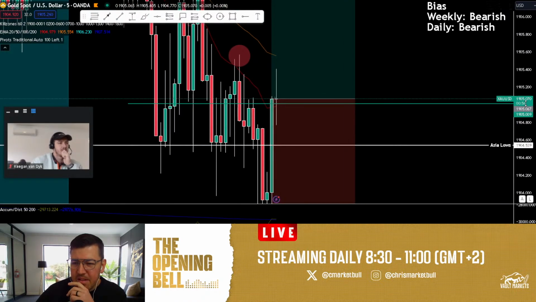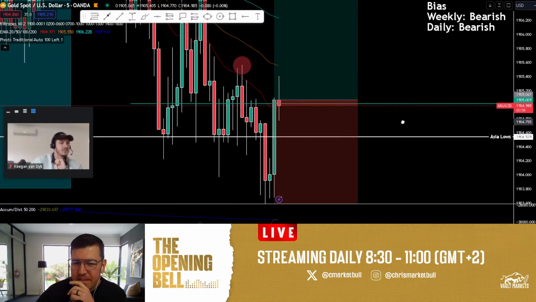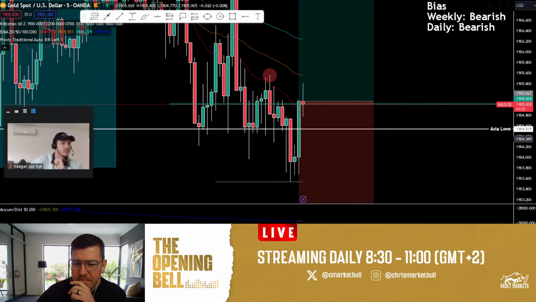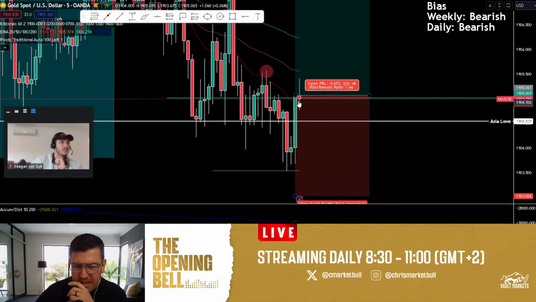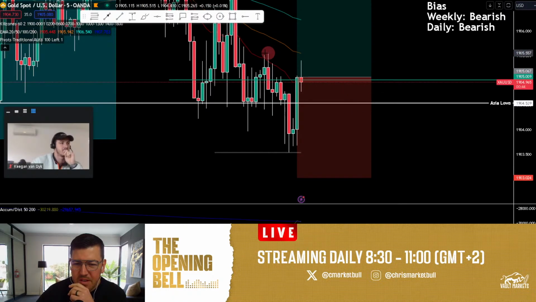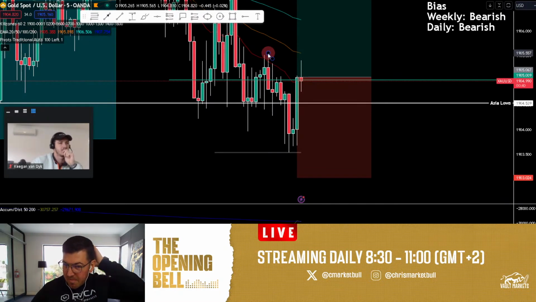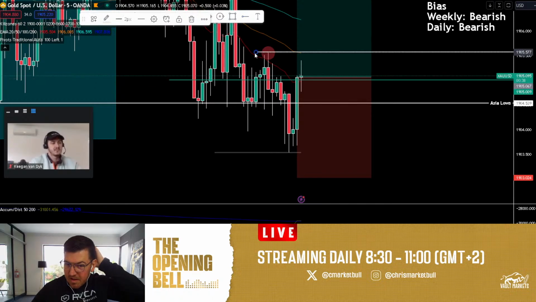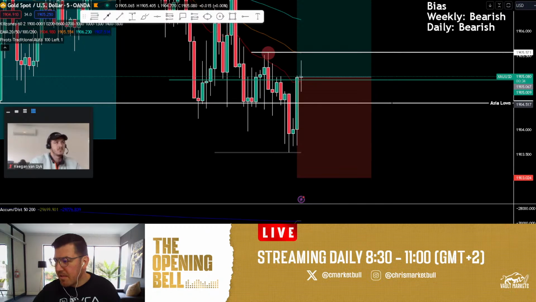But let's see, we're still holding above 1905. Even if we close weak bearish like this, I would want to see us break the highs. Otherwise, as mentioned, the order flow is still quite bearish. I would only be comfortable once we clear this level right here. And then I think we can start propelling to the upside.